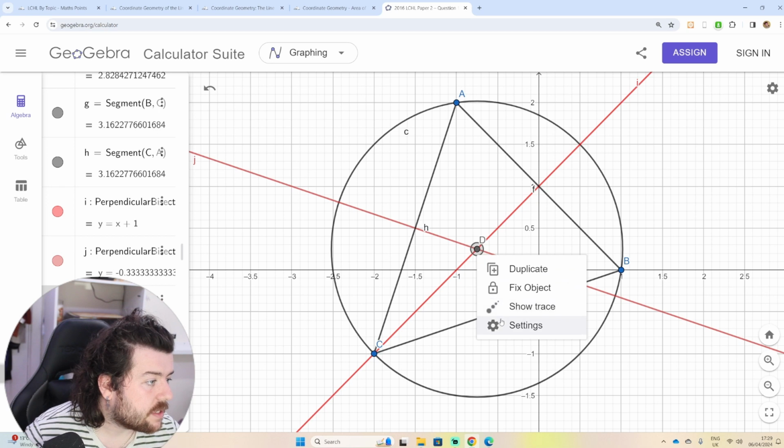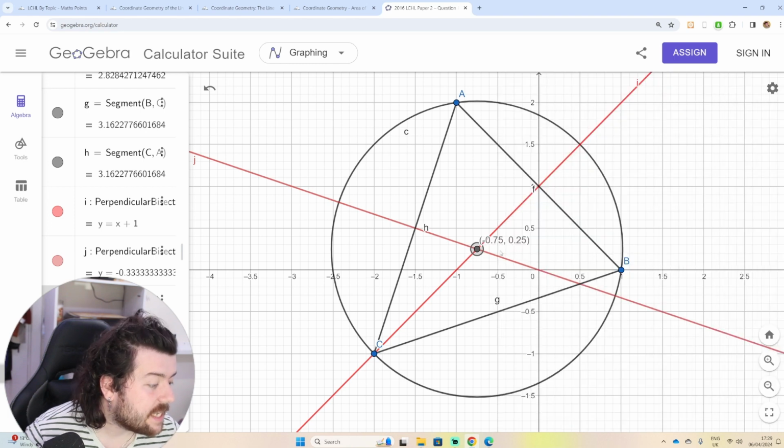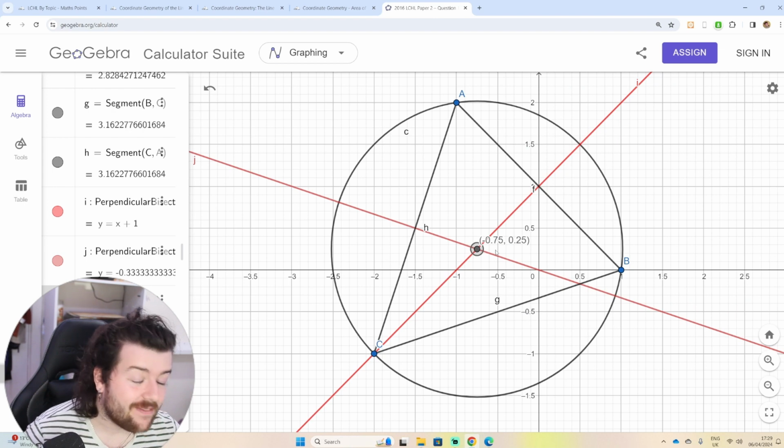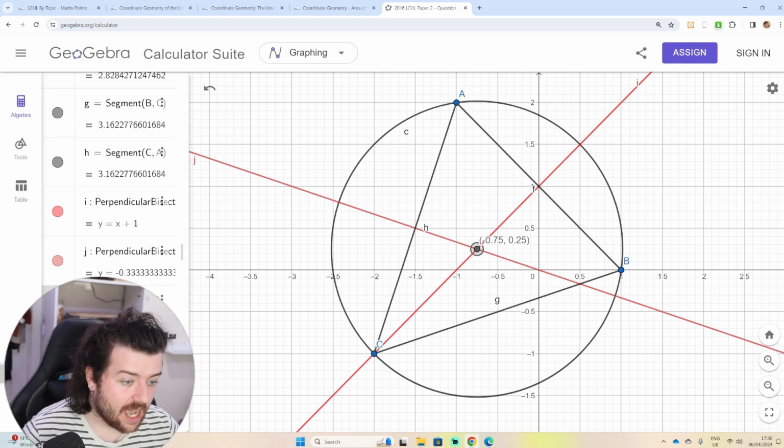So let me just show the value. And we can see here, this is the point minus 0.75 and 0.25. So that is, in fact, my circumcenter, and I am correct.